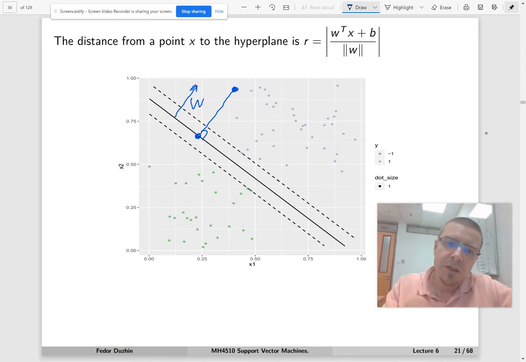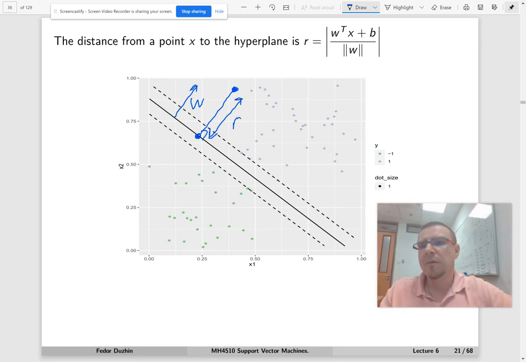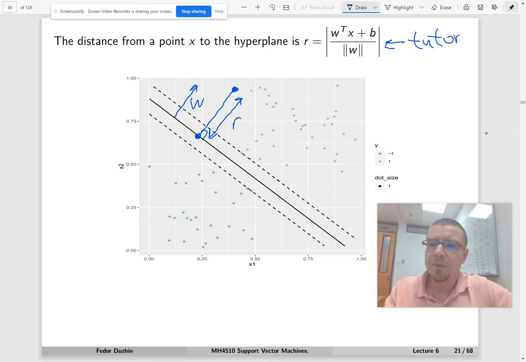This distance r is given by this formula. Why is this so? I'm not sure if you have seen this equation before. Probably you have, at least in some context, maybe for a two-dimensional plane, or for space. We are going to prove it in the tutorial. It is a very nice exercise, I think.